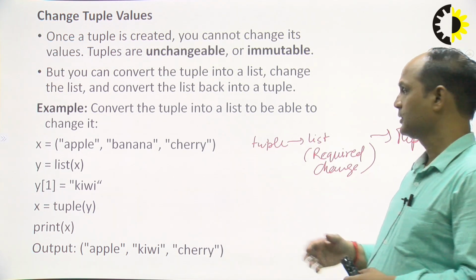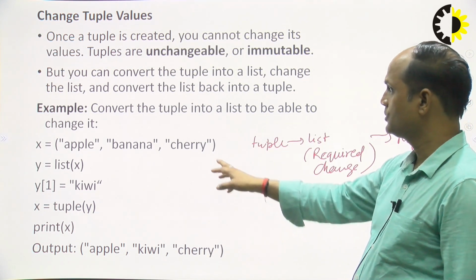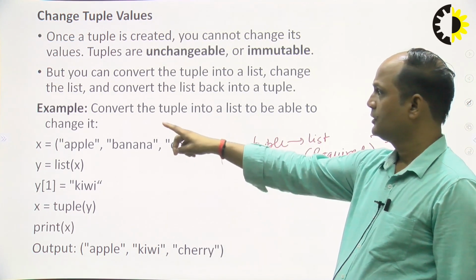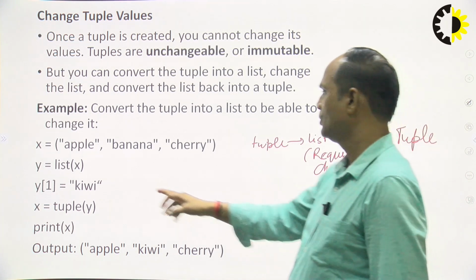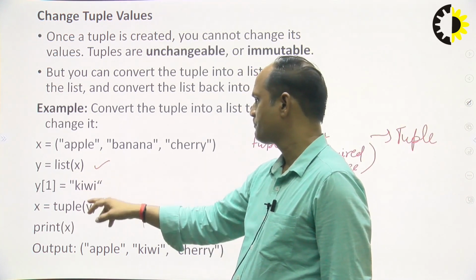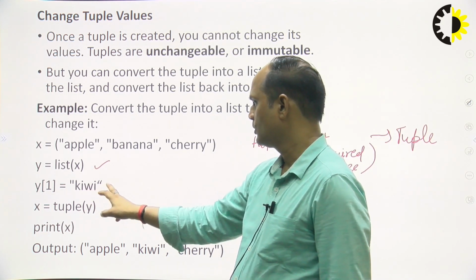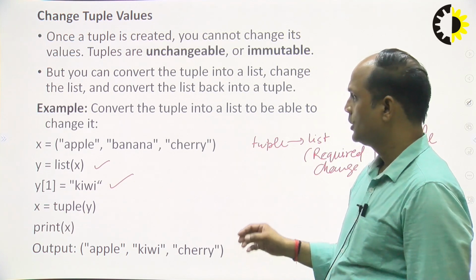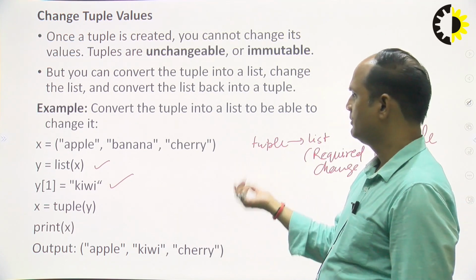How will it work? X is equal to apple, banana and cherry, and Y is list X. Y1 is equal to kiwi, and we want to change the banana value to the kiwi value.